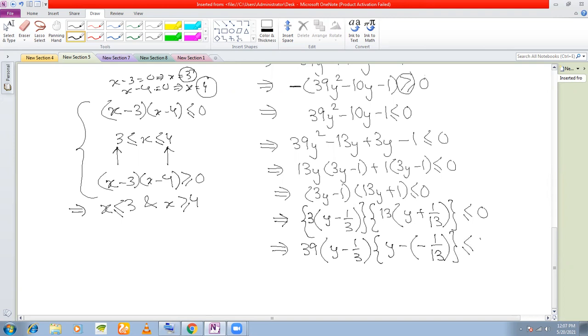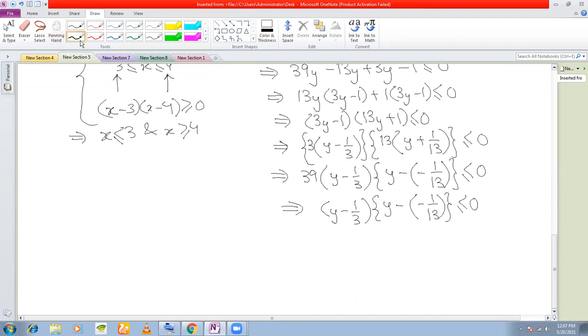Now, is this of the form x minus a into x minus b? That means y minus 1/3 into y plus 1 by 13 must be less than or equal to 0, because 39 is positive. If 39 multiplied by all this is negative, that means even if I remove 39, this will also be negative, isn't it?